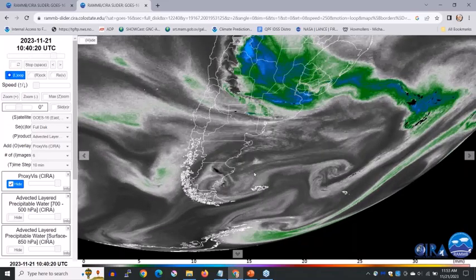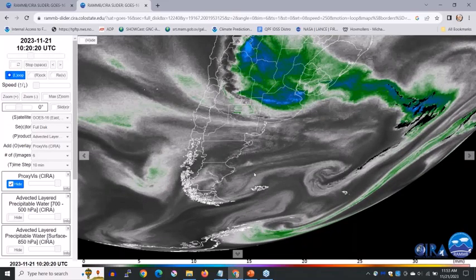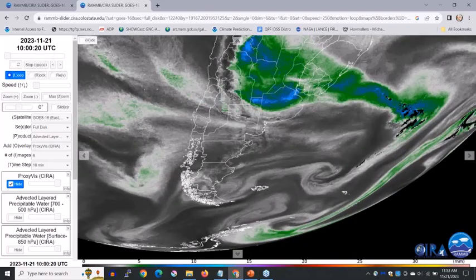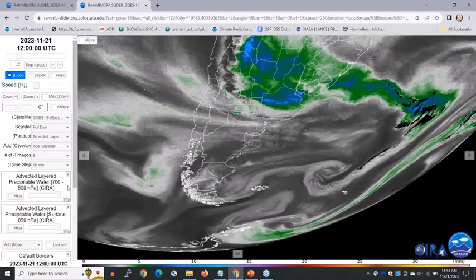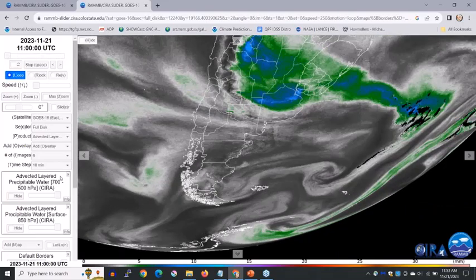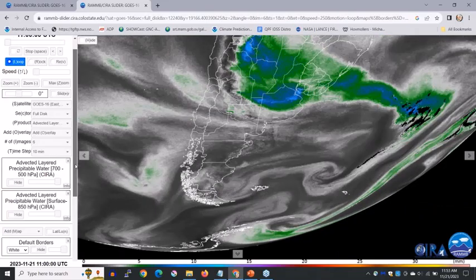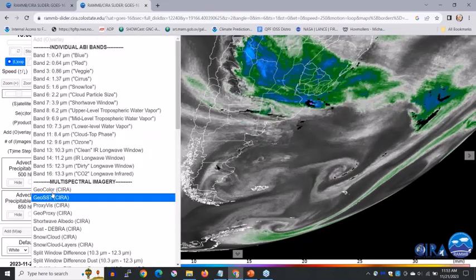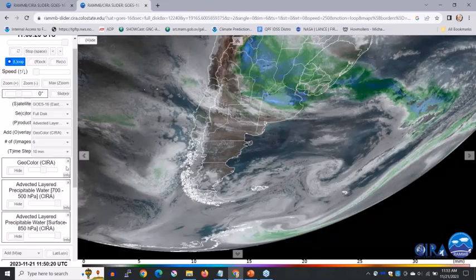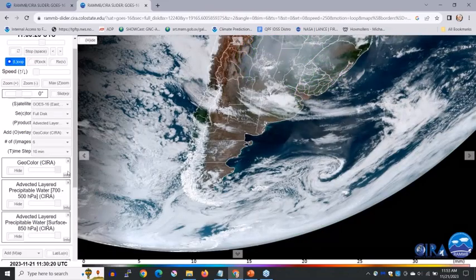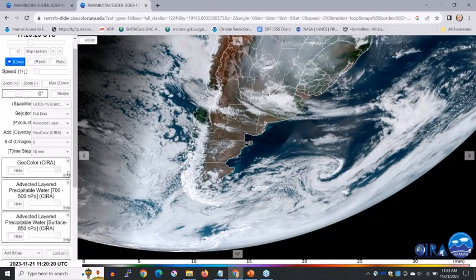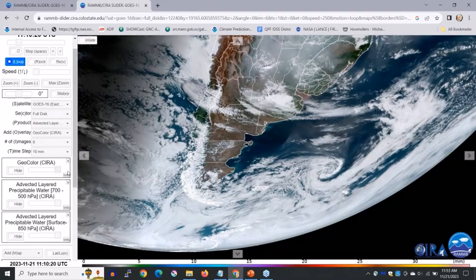Now, if you want to switch your view to something like the geocolor. Okay, so this is essentially showing, I think, that there's not much moisture. And then if you switch to the geocolor. Okay.